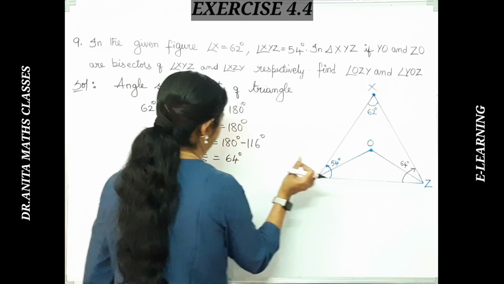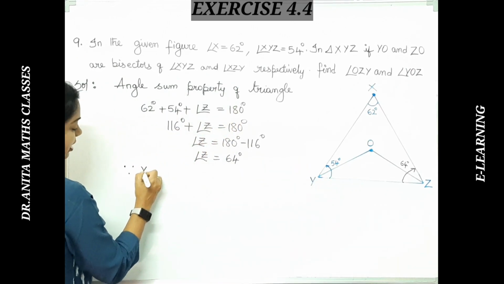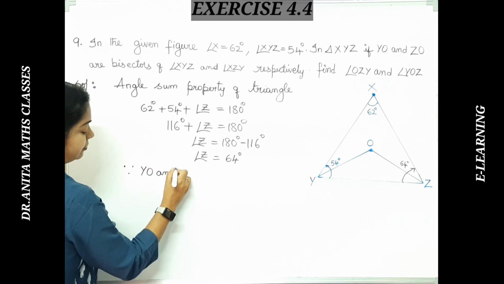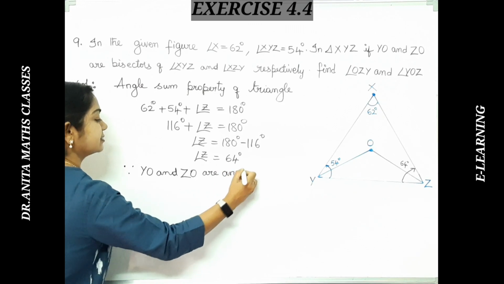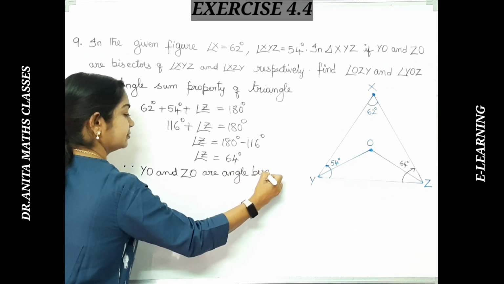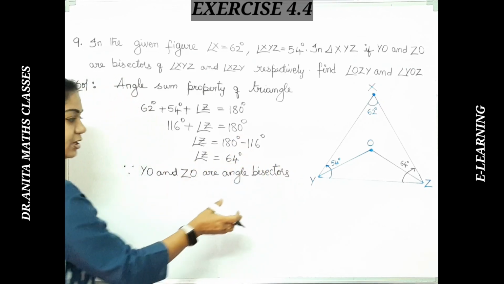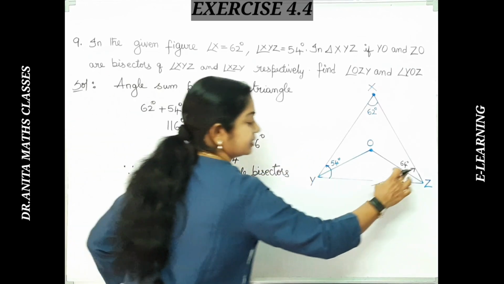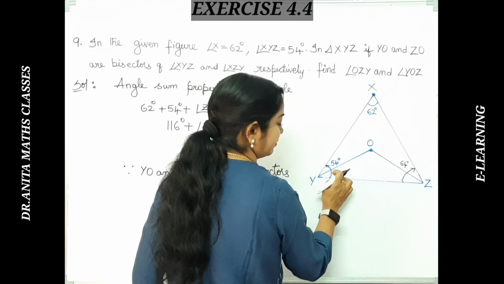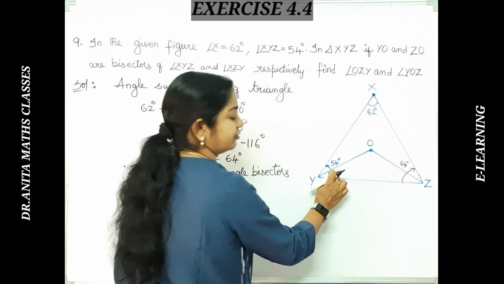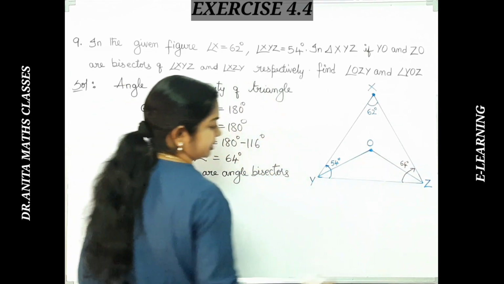Since YO and ZO are angle bisectors, the complete angle of 54 degrees is split into two equal parts, so this angle will be 54 by 2, that is 27 degrees. The complete angle of 64 degrees, 64 by 2, is 32 degrees.